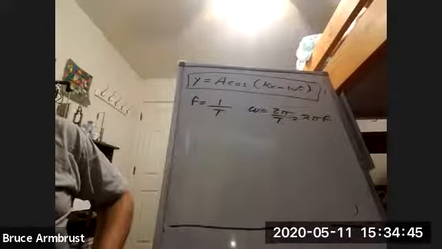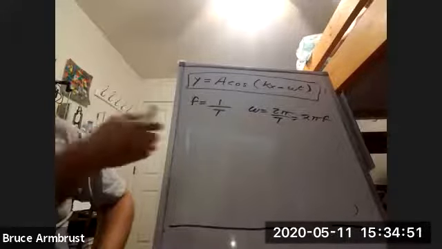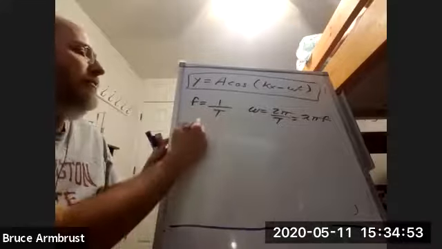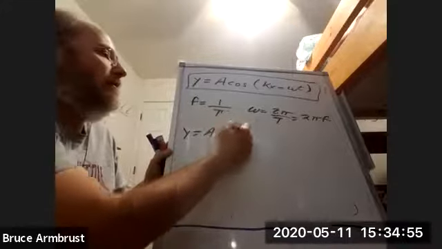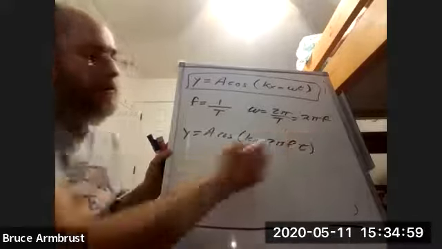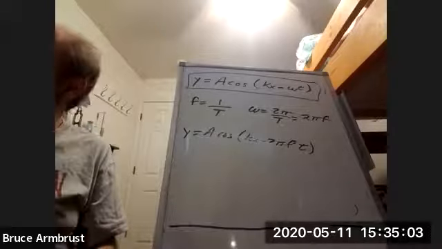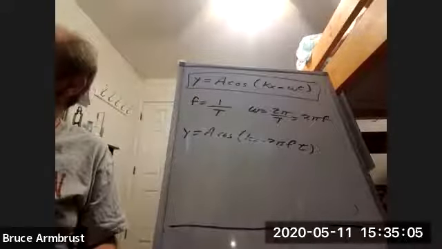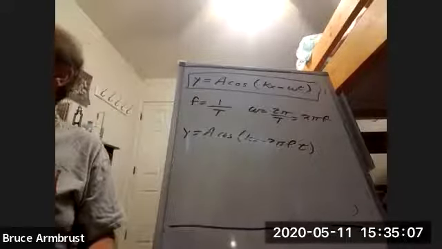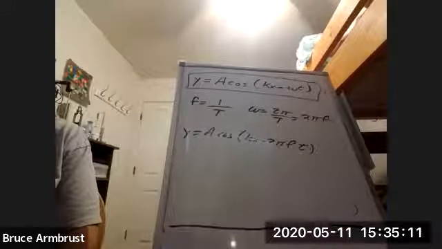Which means if we'd rather have it in terms of the frequency, not angular frequency, we could write this as y equals A cosine of kx minus 2 pi f times t. So we could write it like that.